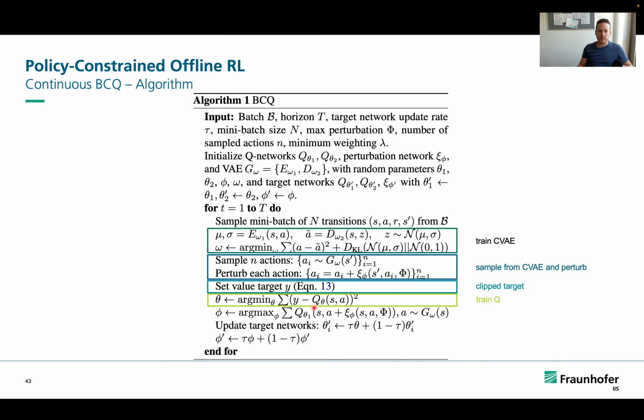This is our loss function for the mean squared Bellman error, and we can train the perturbation model for the DDPG model, and then we can update our target networks for the Q networks, and then we can start over again. Keep on training the VAE, sample from the VAE, and train the perturbation model and the targets.